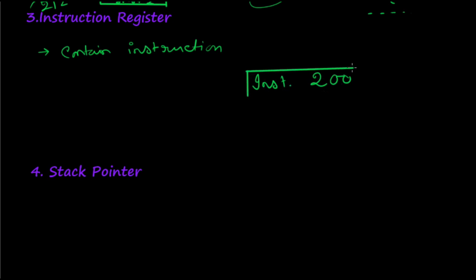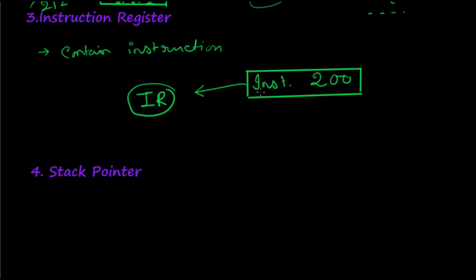Fine. So inside the CPU I have fetched the instruction at 200, but imagine where this instruction will go. Suppose inside 200 I have given an instruction for addition, so inside the CPU it has to go somewhere. Where will it go? It will eventually go inside this instruction register.